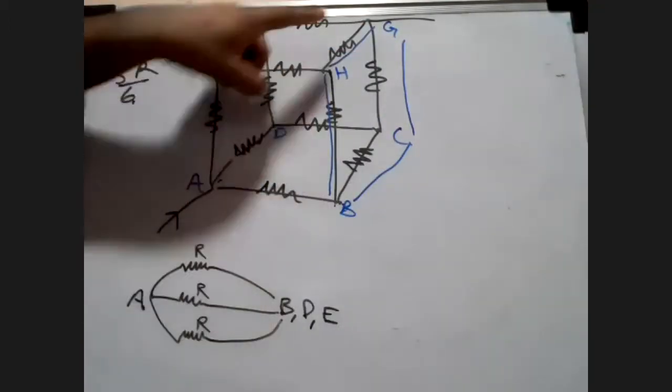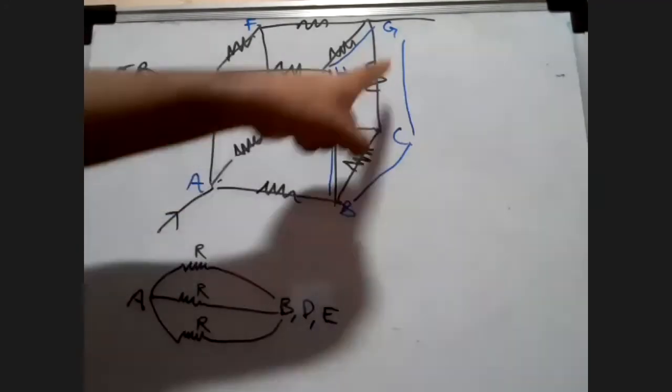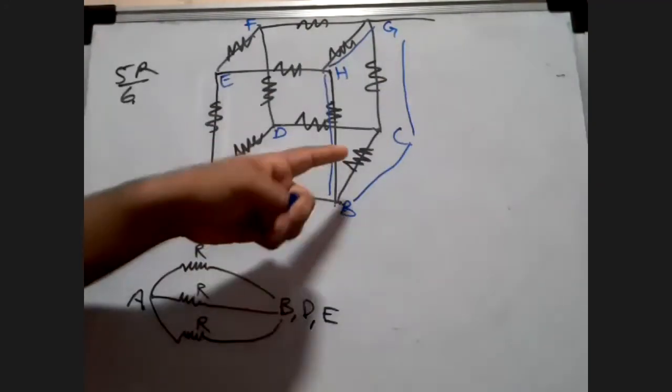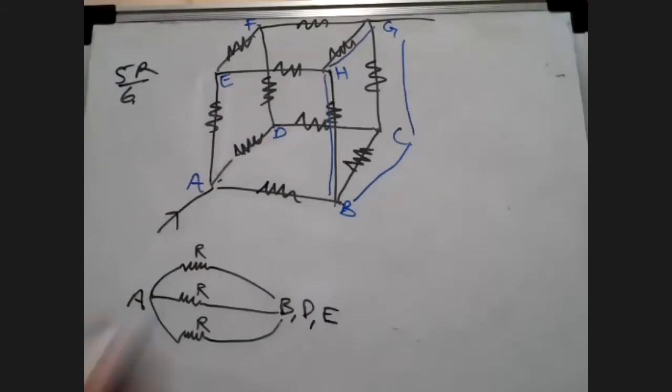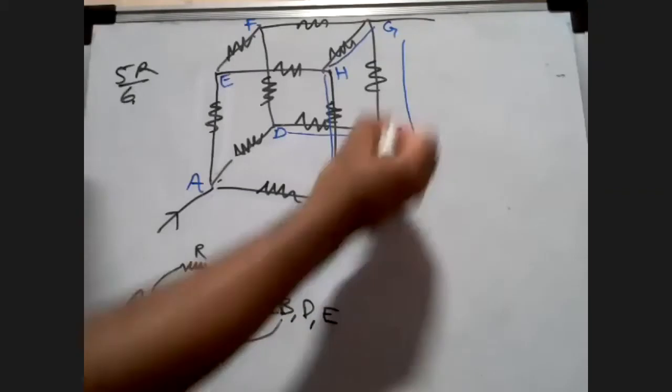Two resistors, one here and one here. Even this has one here and one here. Two different paths and two different resistors. Similarly, if I have to go to G from D, there are two resistors here, one here and one here.